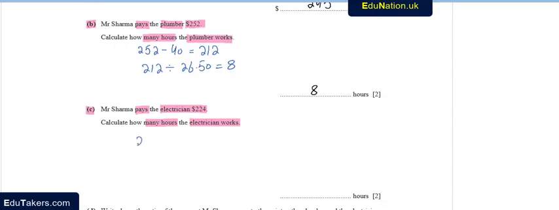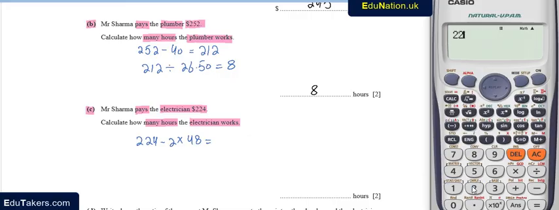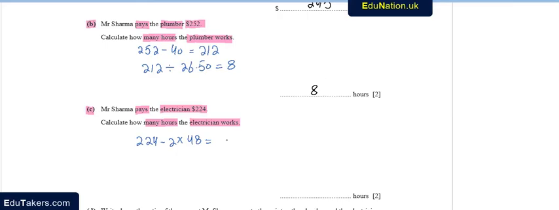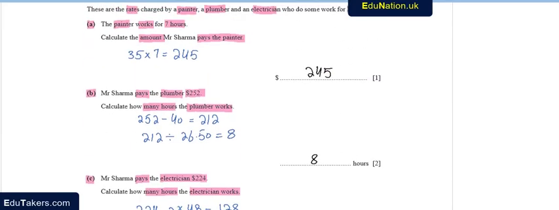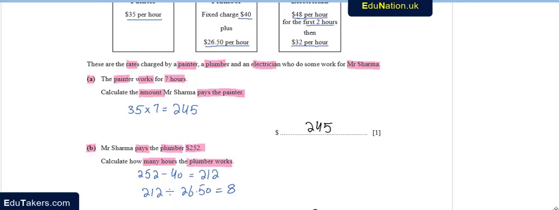So, 224 minus, for the first 2 hours he charges $48. 224 minus 2 times 48 equals 128. And then after 2 hours he will charge $32 per hour.